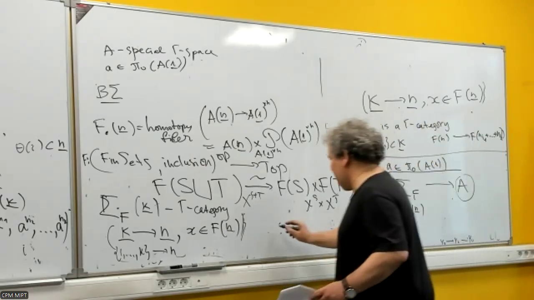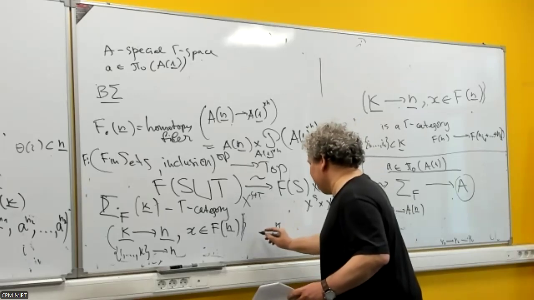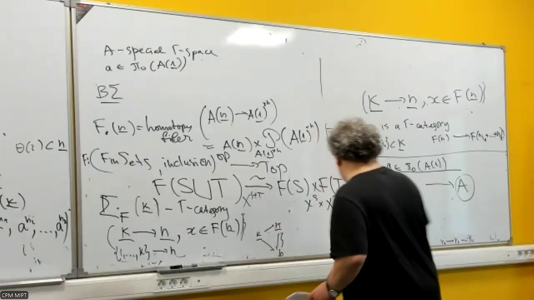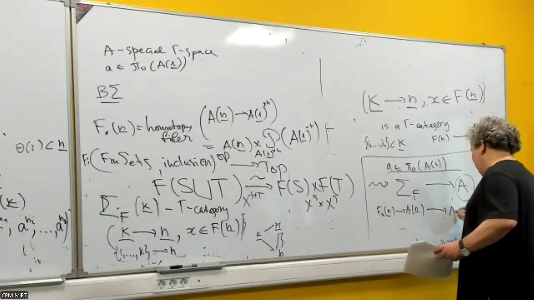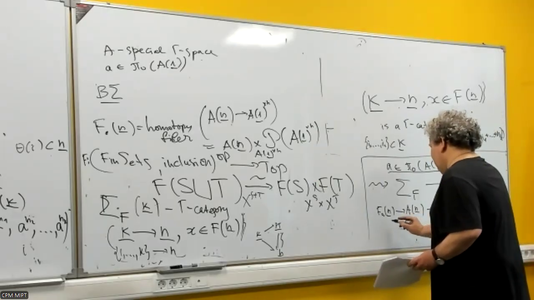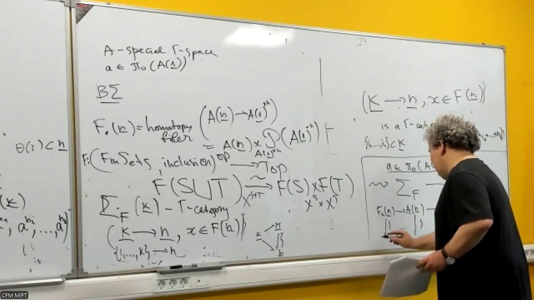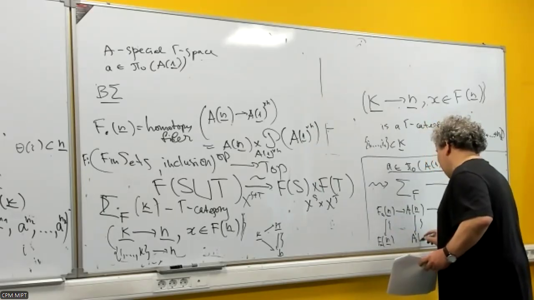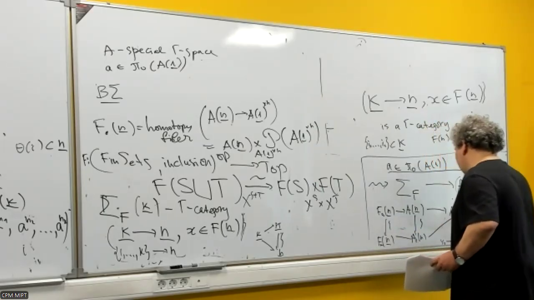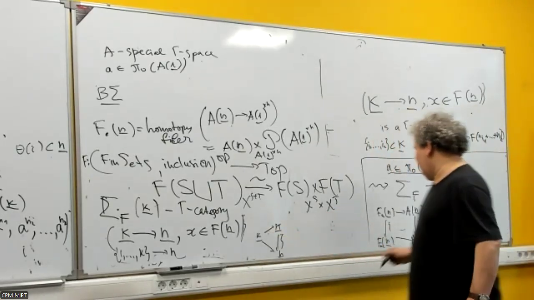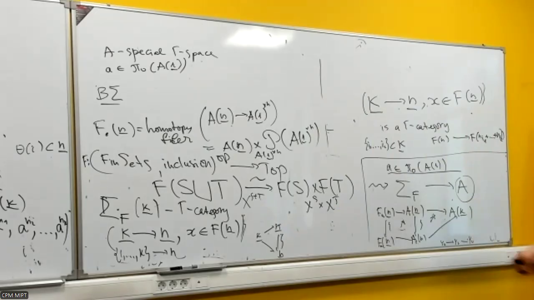If I have this map from n, the same diagram as before, K, n, K isomorphism, n again, now I decorate it as follows, so it's mapped to A of K. And then if I have any morphism which is an isomorphism, then I get such a diagram. Here n, here A of n, then this, and this is commutative. This is commutative because this is commutative, and this is commutative because f is a functor.